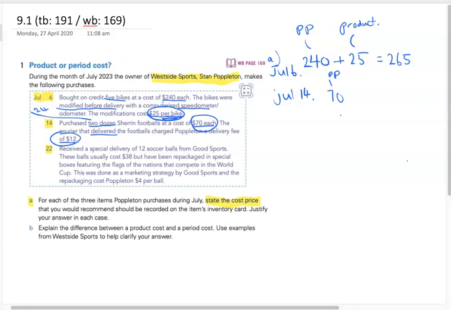Can we logically allocate the $12? So the question is actually saying, we have bought 24 footballs and it's cost us $12 to deliver them. Can we allocate the $12 to each individual football?